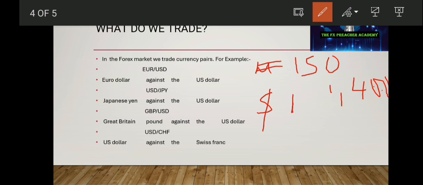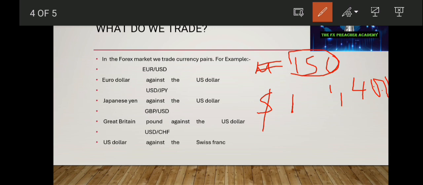So you see, you can make profit now. In case 10 years ago you bought some quantity of dollars at the rate of 150 naira, and you held your dollars and sell them now, you make profit, a gain of about 1,250 naira.